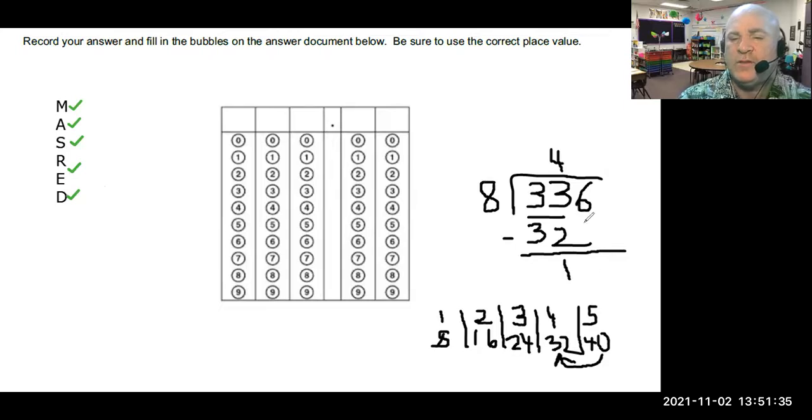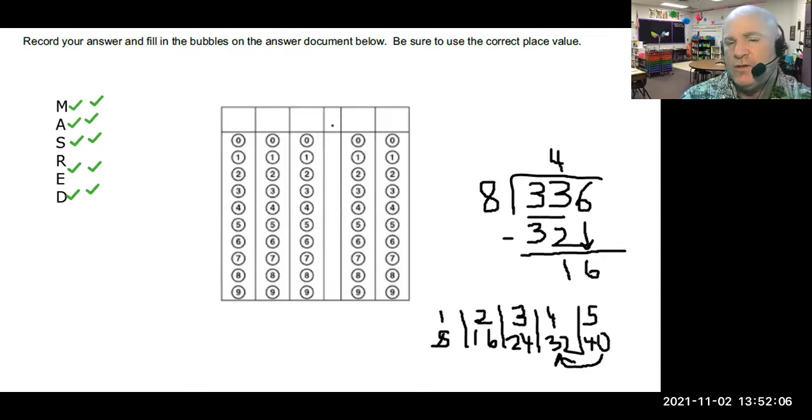So we'll drop this 6 down here, arrow, and when you drop, go back to the top and do all of that again. So basically, we're going to multiply 8 by another number, find an answer until we get to 16, subtract, find our remainder, and then we will notice that we'll be done at that point.